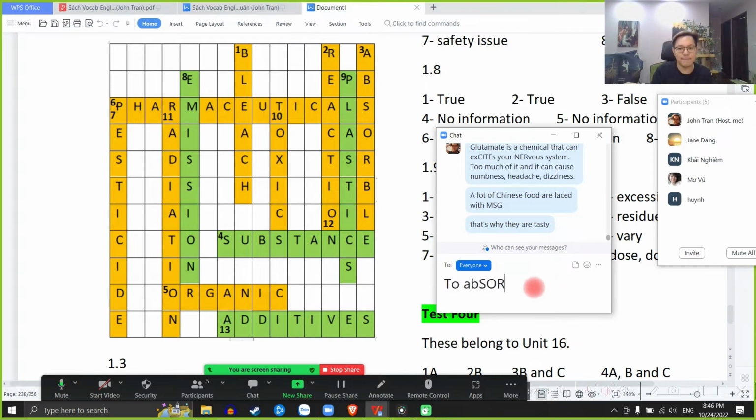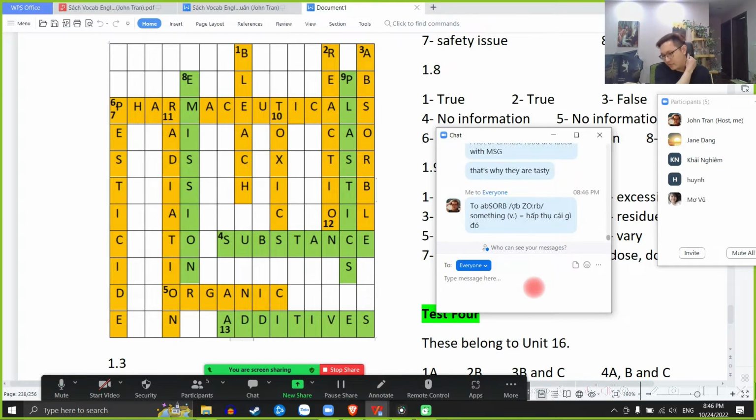To absorb something. Hấp thụ cái gì đó. So the noun form of that is absorption. Danh từ đương nhiên là absorption, sự hấp thụ.